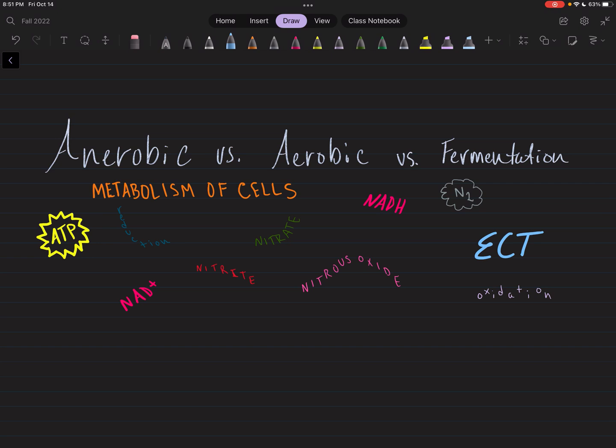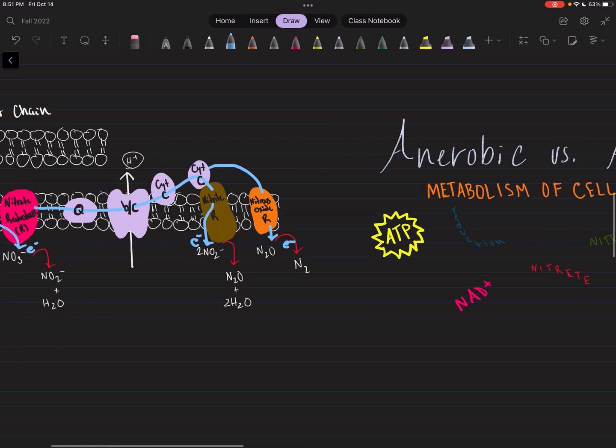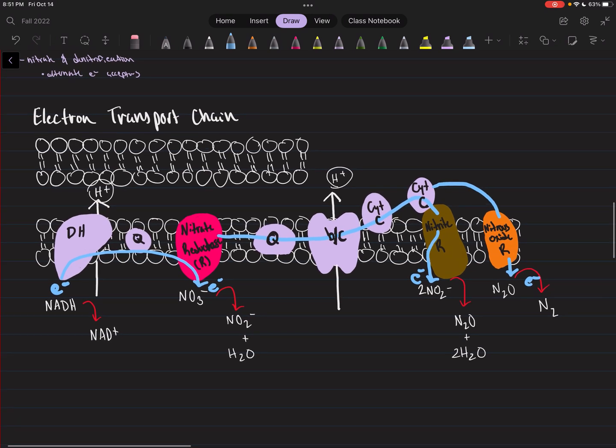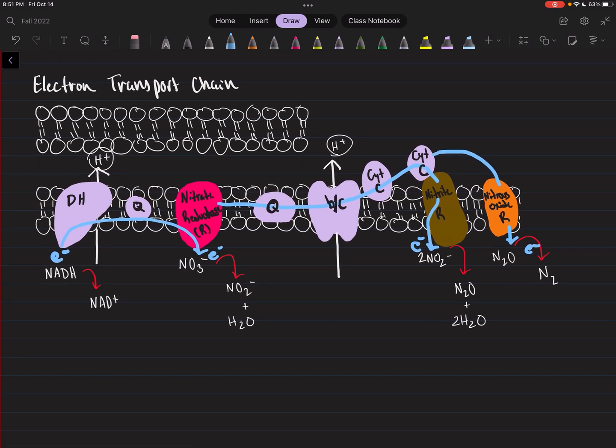In the electron transport chain, we're going to follow an electron through the membrane of the mitochondria. NADH donates an electron, and a proton is thusly pumped out through the dehydrogenase complex, the DH here.